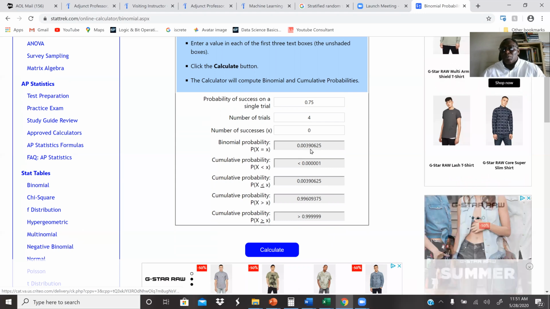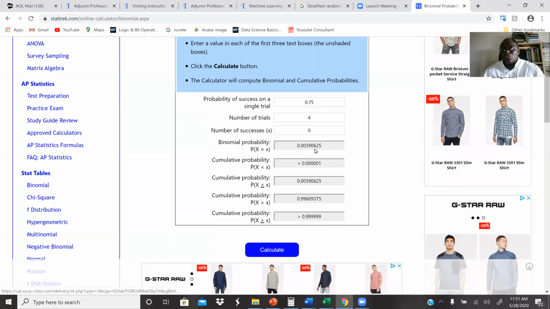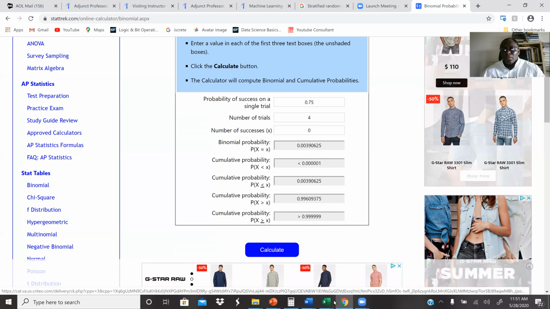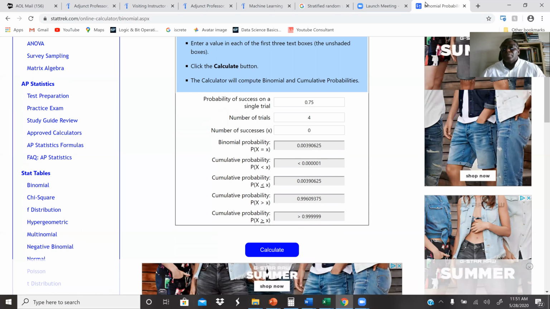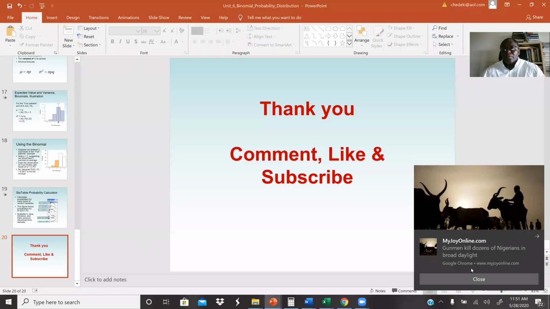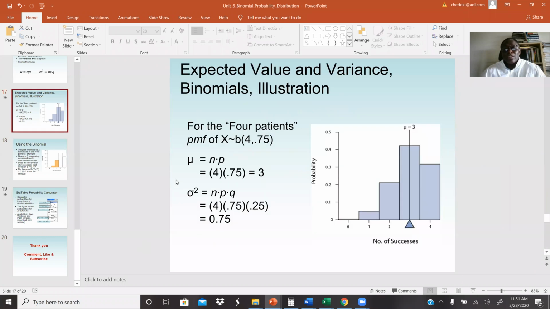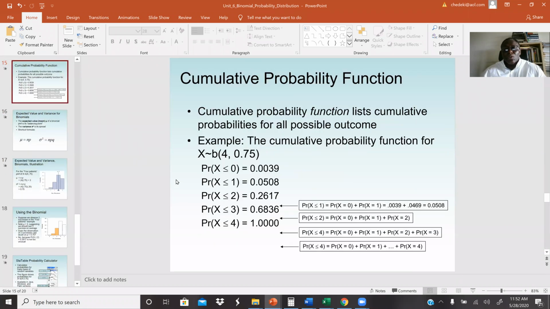Our answer was 4 decimal places. This is 8, but the same answer, 0.00390625. So we can see we have 0.0039 when S is 0, and the calculator gives 0.00390625. So again, they are all the same.